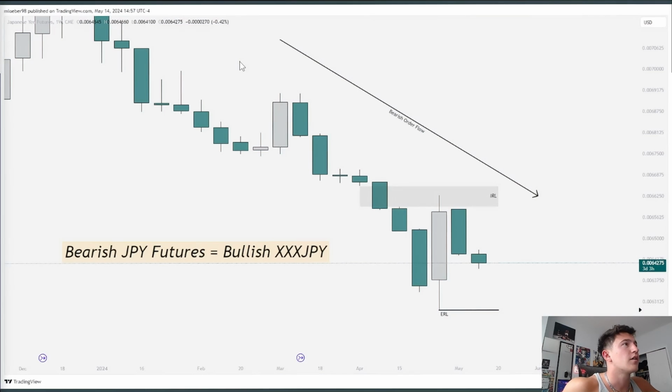Now if JPY futures are bearish, that would mean anything that is XXX JPY would be bullish. So as long as the yen futures are bearish, I am confident to say that anything that is crossed with the yen will continue higher.